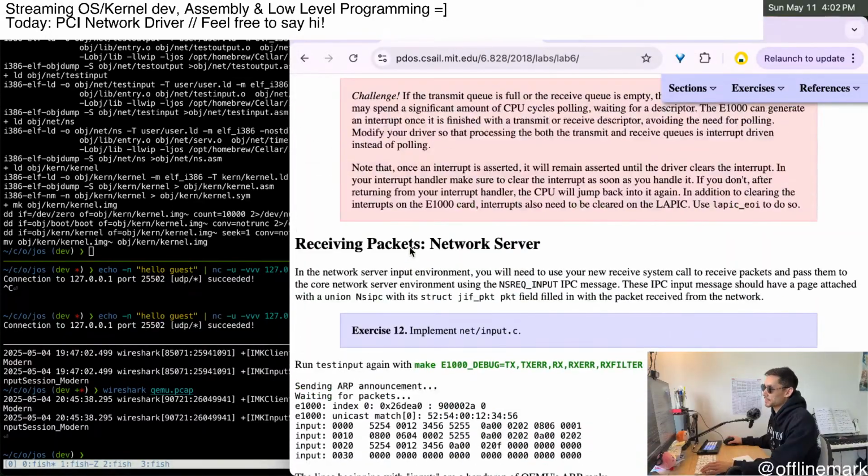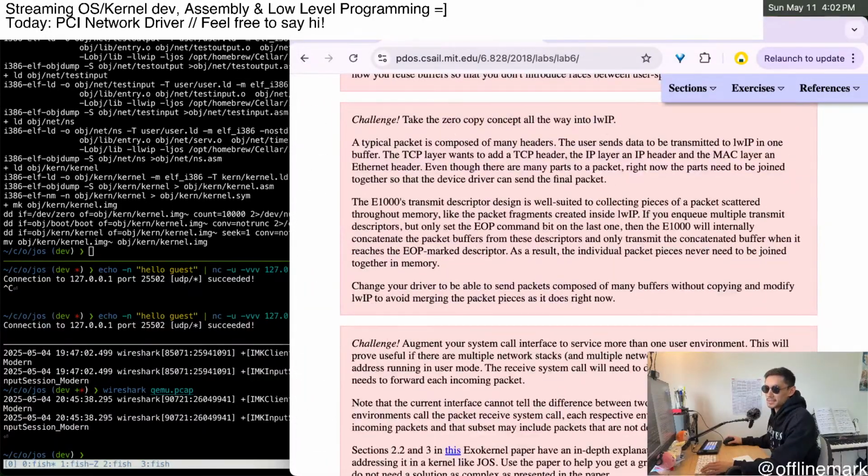Let me take a moment just to get set up, but today we are diving back into the interesting world of computer networking.